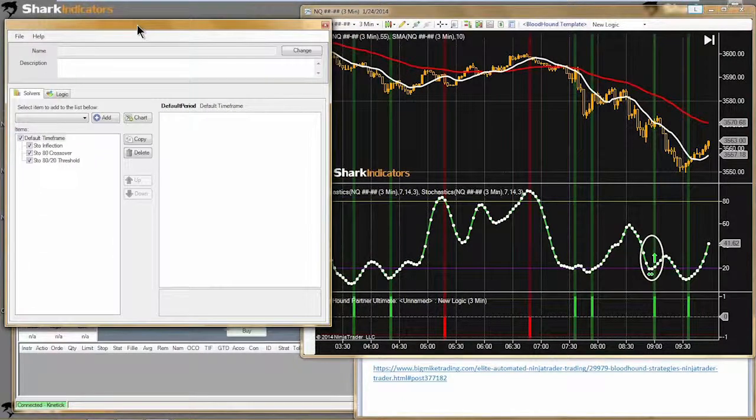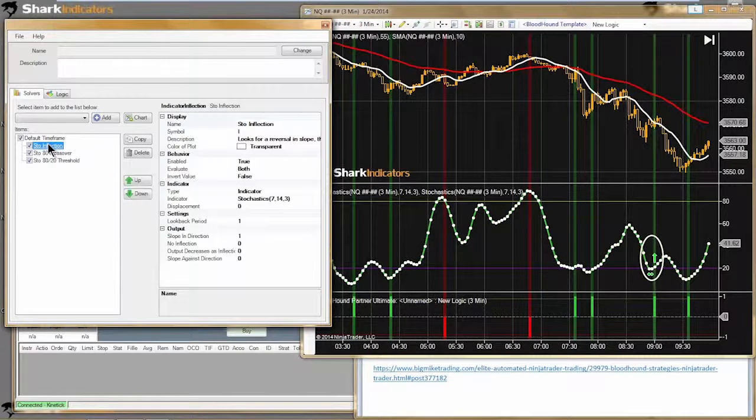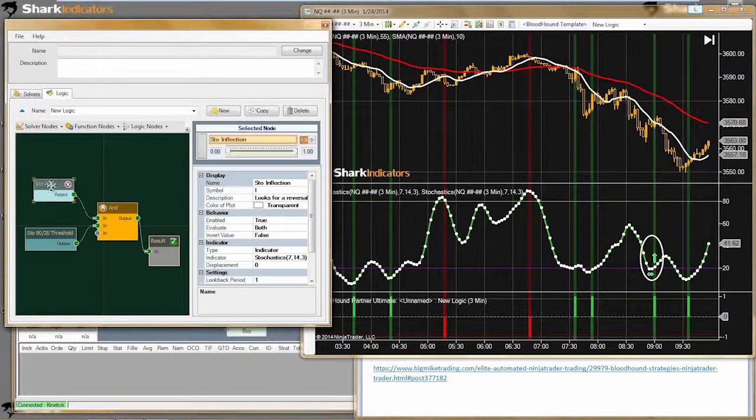Inflection is generally used in mathematical terms as a change in direction.